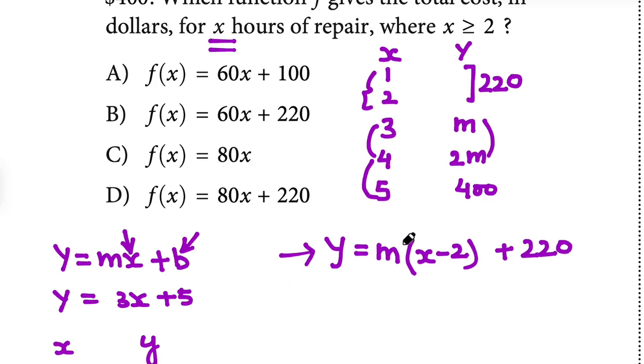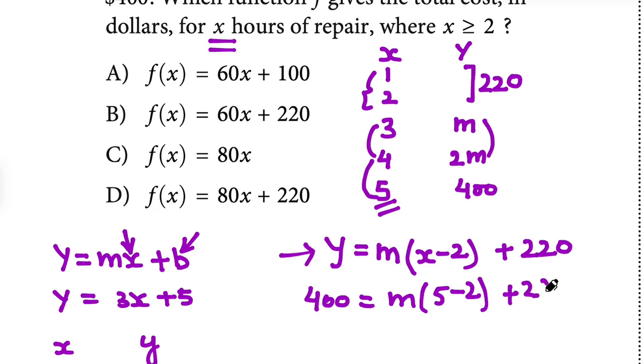Now we have to use the data to find the value of m. So what we can do, for the fifth hour we have the information. So when x is 5, y is 400. That information is given to us. That will help us to calculate the slope.